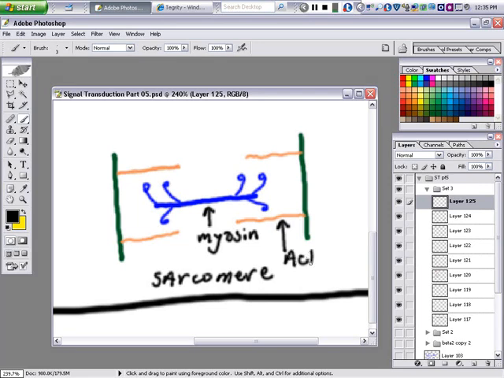Actin. On the actin filaments, there is a place where the myosin binds. So there's a site on the actin filament where the myosin binds.